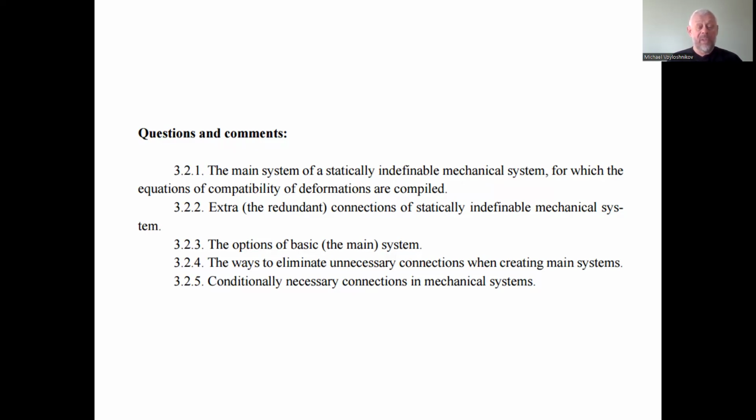3.2.3, the options of the basic main system. Usually we have not one option for the main system, but a few options.